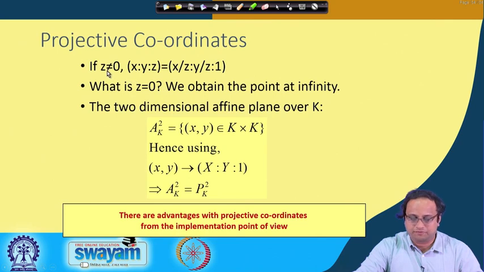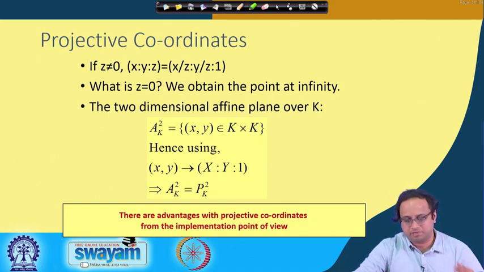So what we do is typically take the affine coordinates x, y and transform that into the projective domain. So I write the x coordinate as x by z and the y coordinate as y by z.